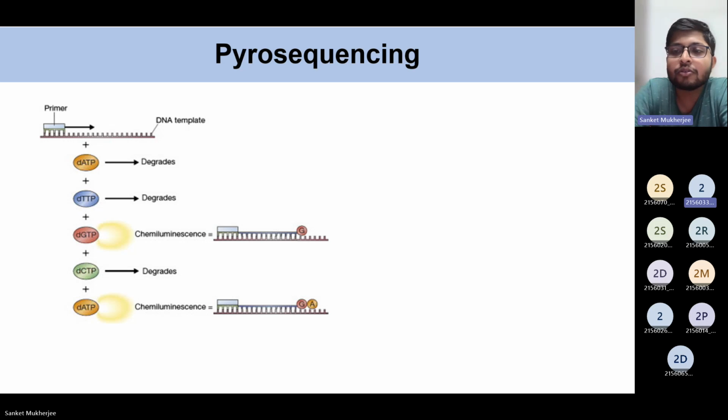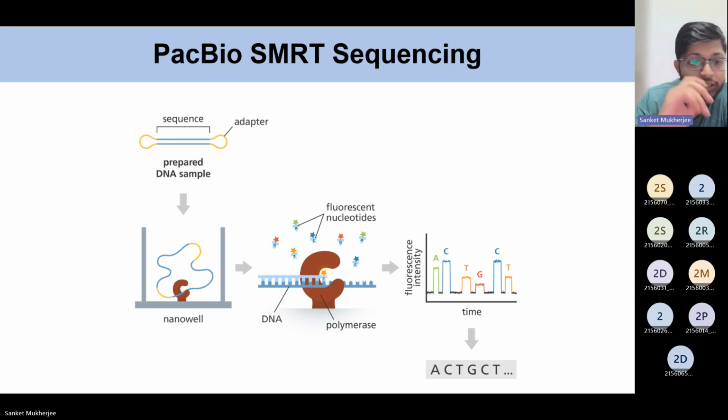Yes, sir. So when there are repeats, it is very difficult to figure out what is happening. How many A's or T's or G's are there? It's very difficult to figure that out. Okay. Clear? Okay, sir. Then we will come to third generation sequencing.